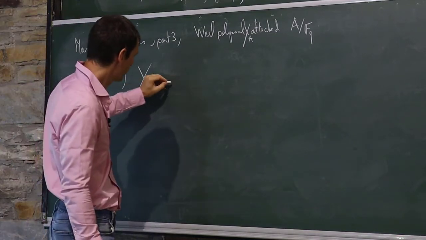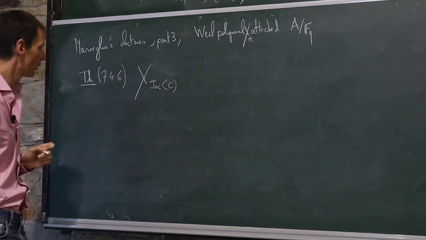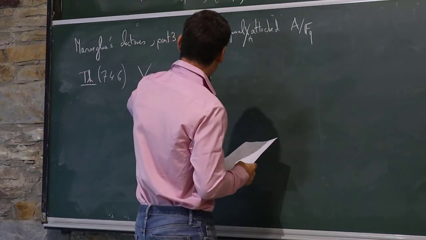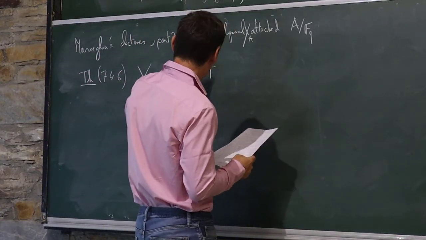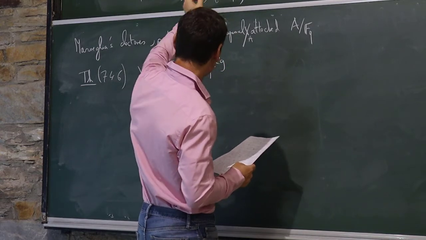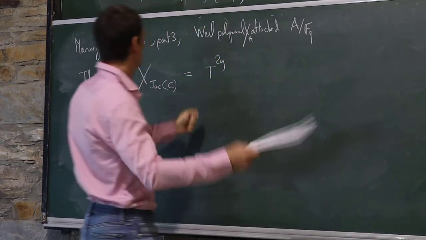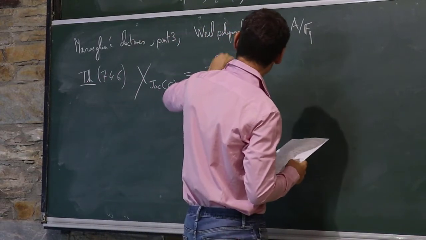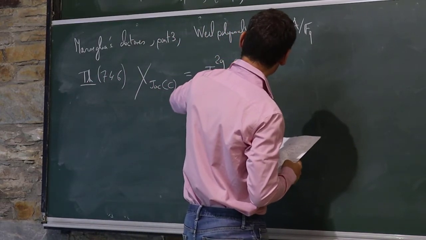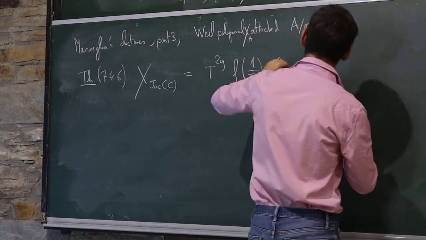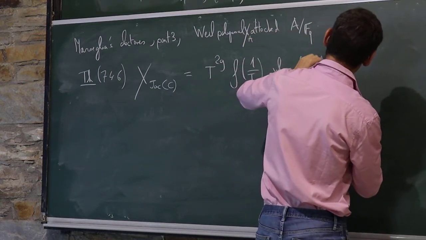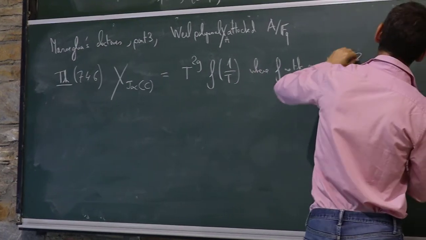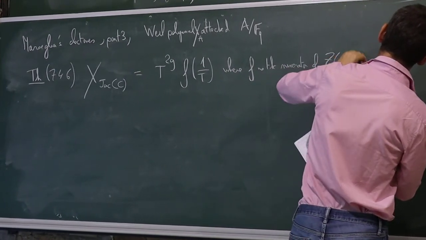In the case of the Jacobian of a curve, chi of the Jacobian of the curve is just what is called the reciprocal polynomial. So you just have to invert the coefficients in the polynomial symmetrically. It's t to the 2g times f of 1 over t, where f is the numerator of the zeta function of k of C.